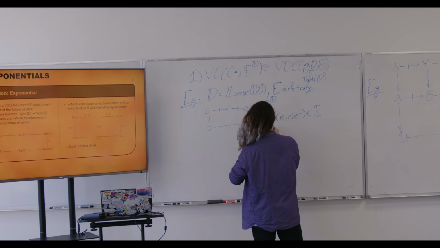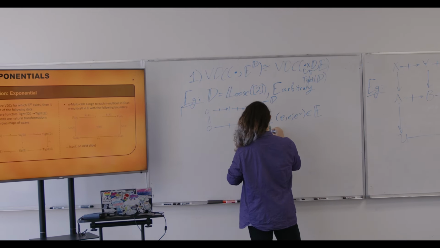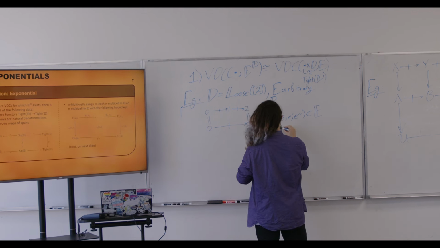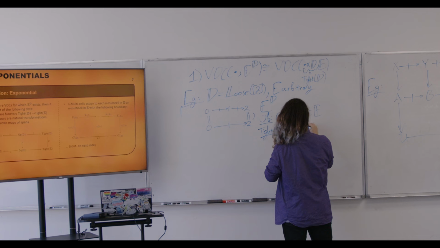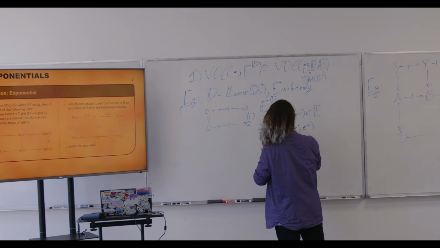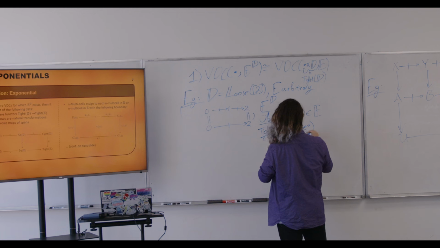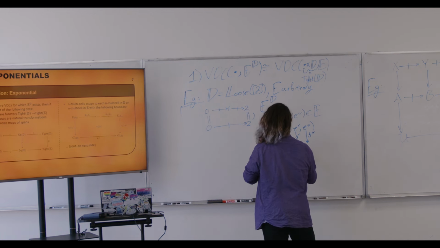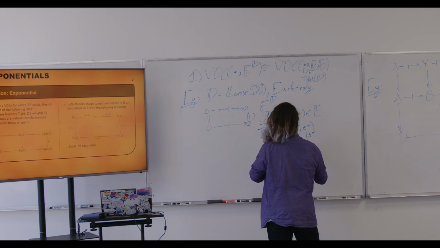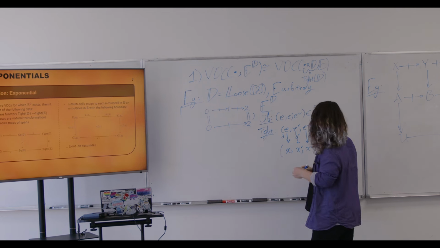The tight arrows are just triples of tight arrows. So I get F prime, F prime prime, down to X prime, X prime prime.